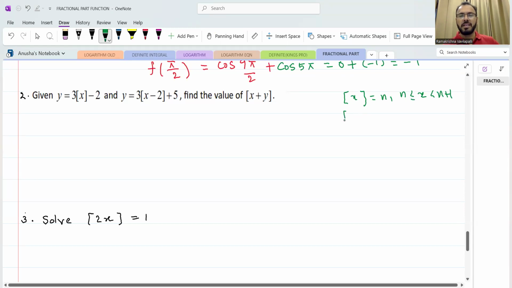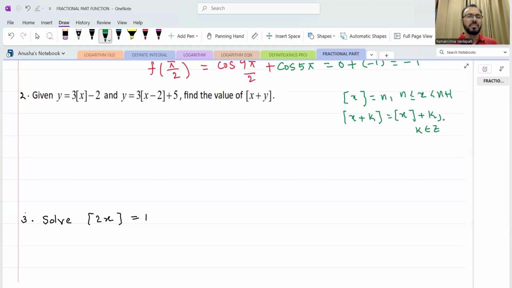Second, integral part of x plus k: you can bring out k from that integral part if k is an integer. Otherwise, we cannot bring it out. So these two will apply here.